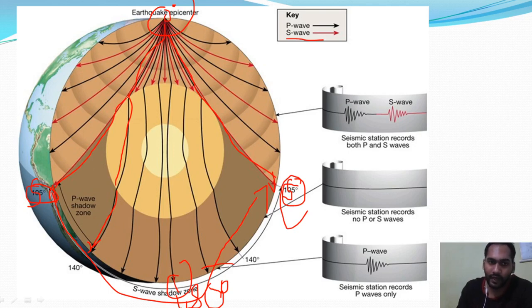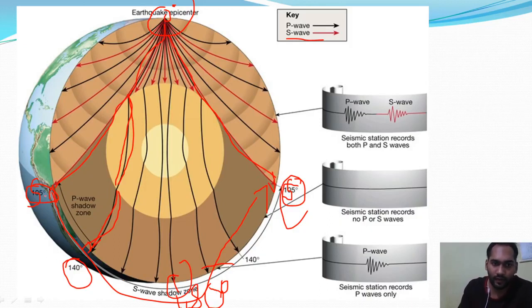But when P enters the outer core and then comes out to the mantle itself, then we will find it again at 140 or 143, right? In some books it is 143, or it is 140.